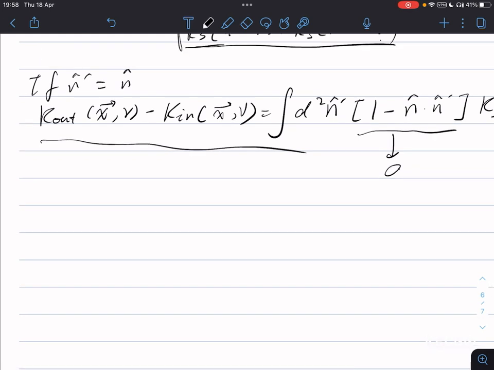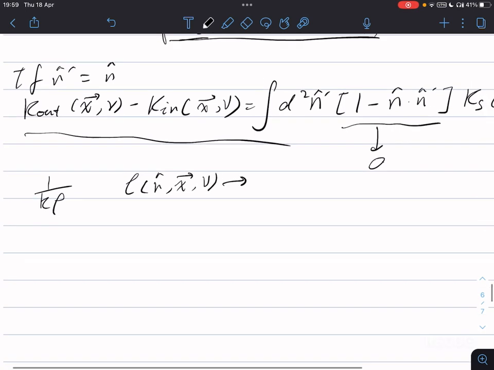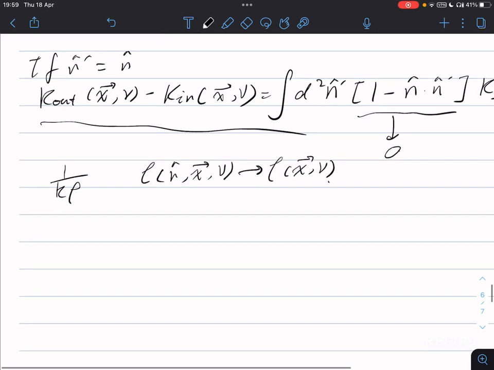We further assume that the mean free path, one over chi rho, is so small that the distribution function L is independent of direction n. So L of n and nu will tend to L of nu. We can use this assumption in the interiors of stars, but we can't use it at the surface of stars. That should be noticed.